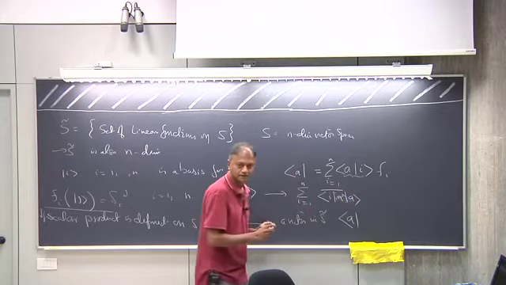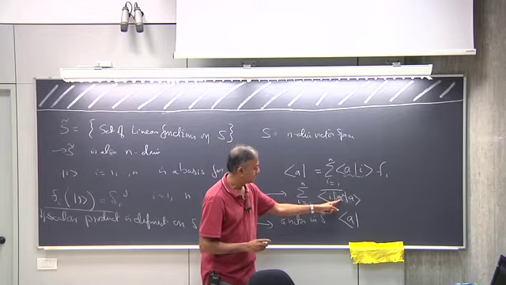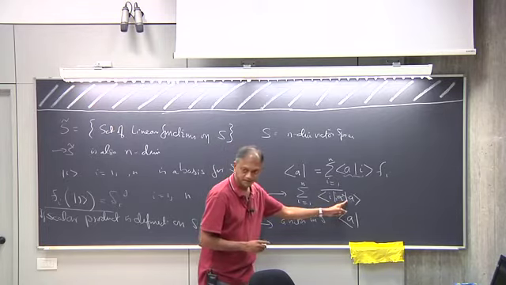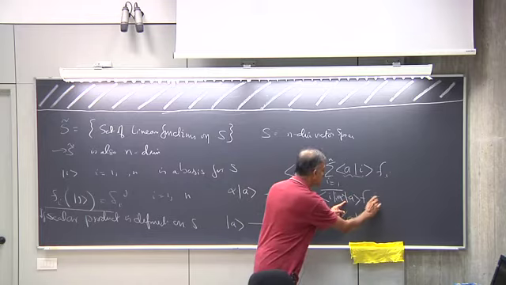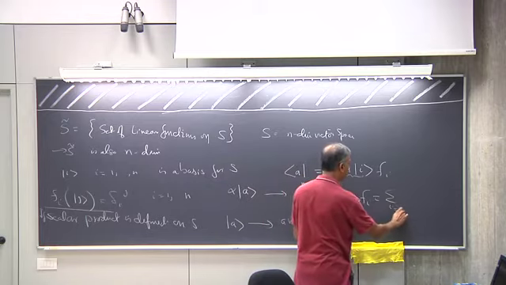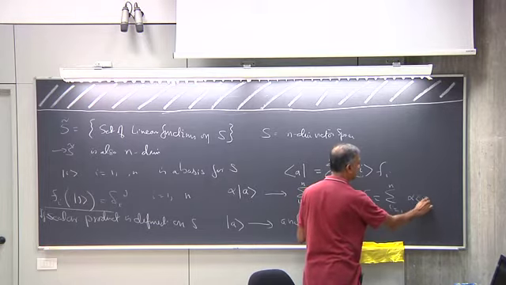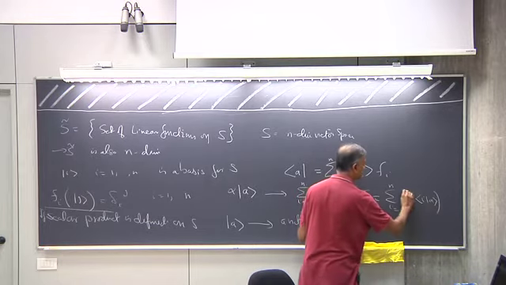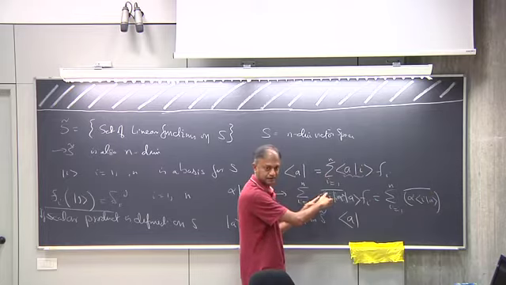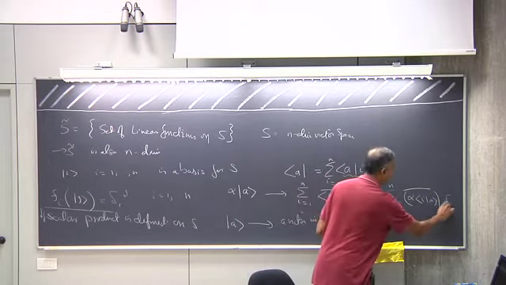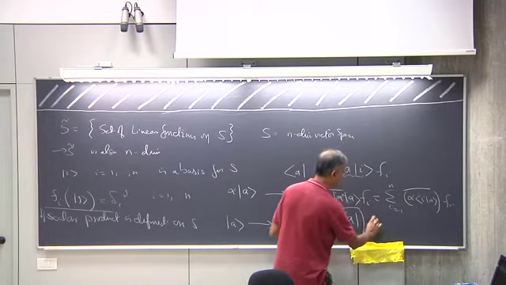Alpha is a number. But remember this is linear, so you get here sum i equal to 1 to n alpha <i|A>, whole thing complex conjugate, because the complex conjugate is over everything, times φ_i.